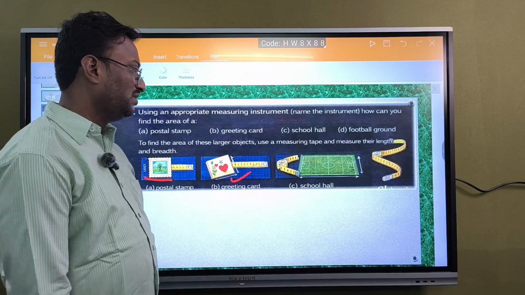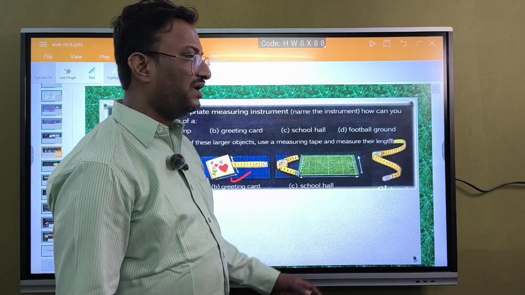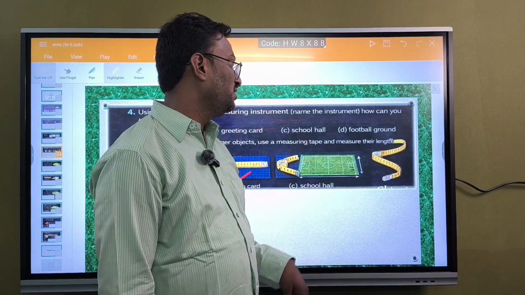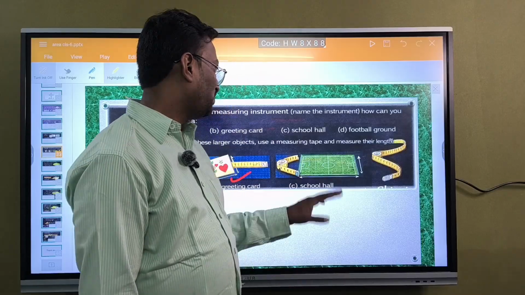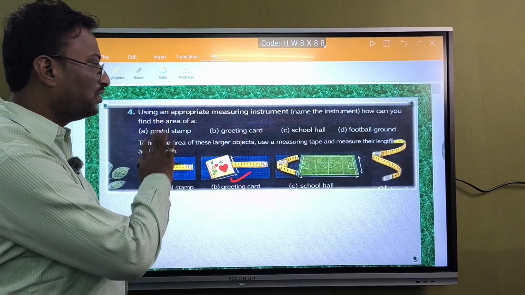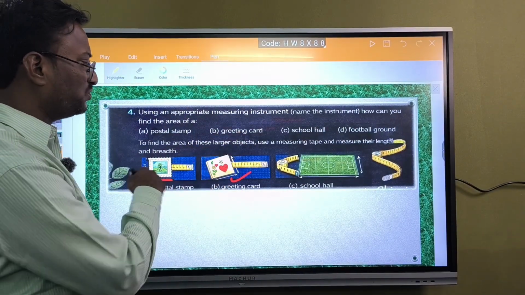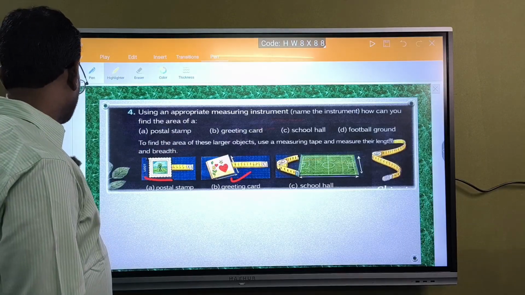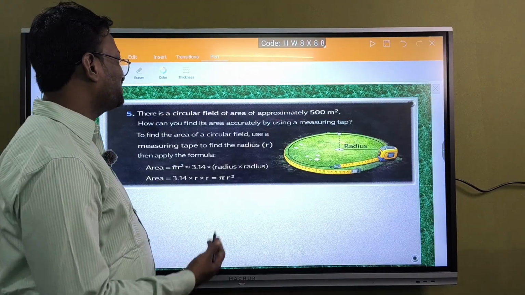For the school hall we need a larger measuring tape. So a measuring tape can be used for all those things.